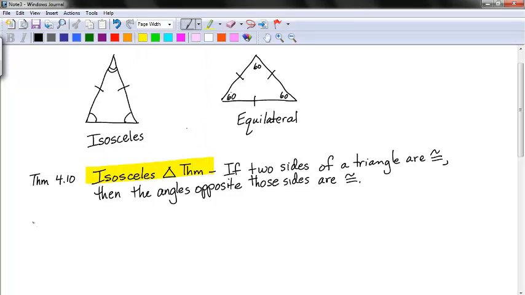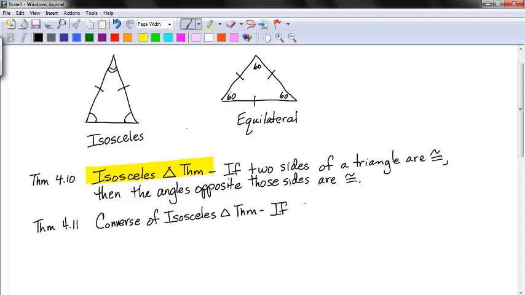Okay, theorem 4.11 is the converse. The converse of the isosceles triangle theorem. And it just basically says if you've got the angles congruent, then the sides.